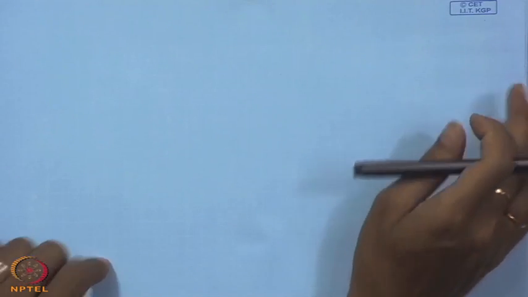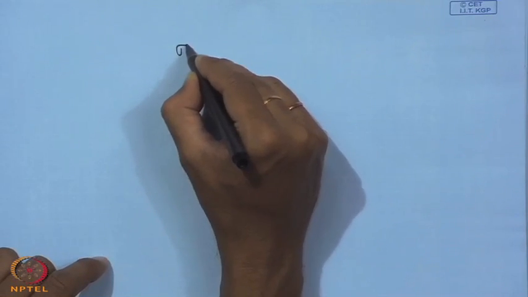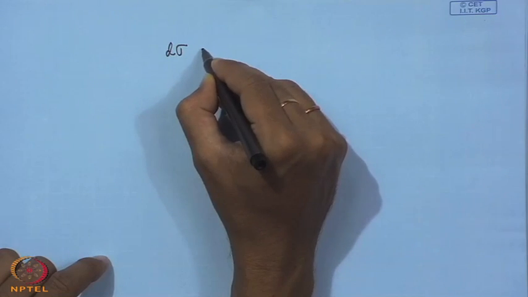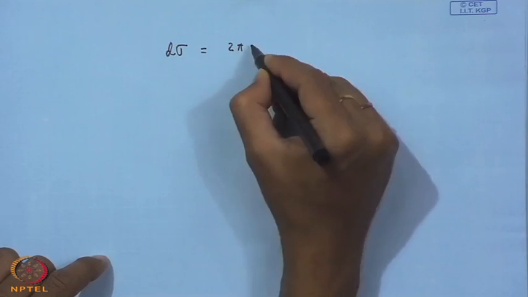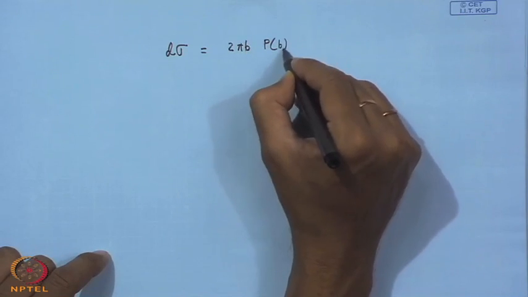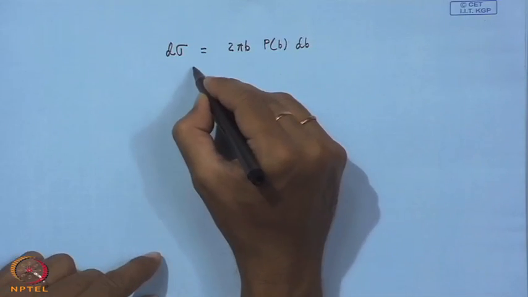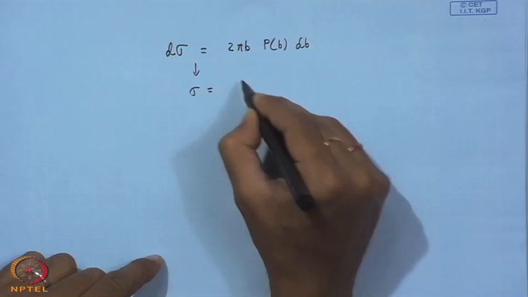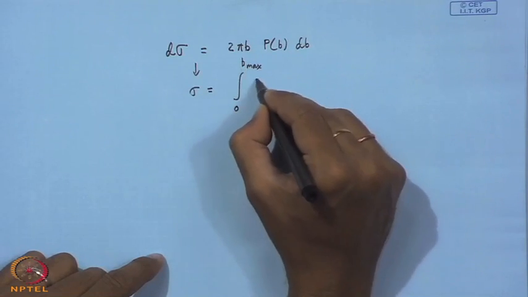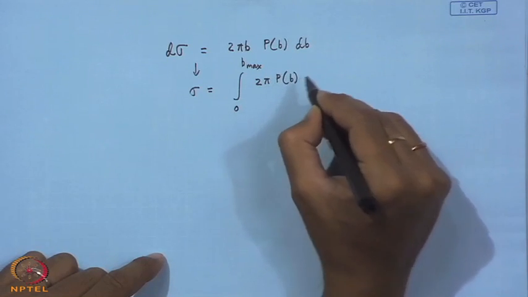Now, in terms of the opacity function, again we can write the reaction cross section, or rather dσr, which is equal to 2π b P(b) db. Then if you integrate, upon integration you will get σ equal to the integral from 0 to some b max of 2π P(b) b db.